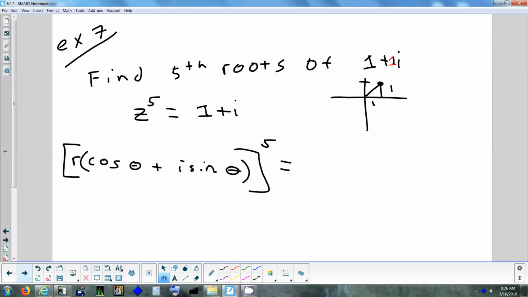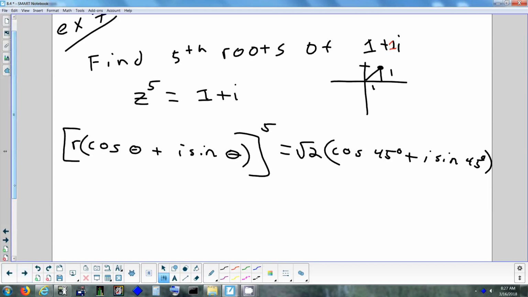Yeah, the angle is 45. Oh, that was not good the way I wrote that. You wanted the parenthesis in front. So we have cosine 45 plus i sine 45. And what about my radius? The square root of 2.